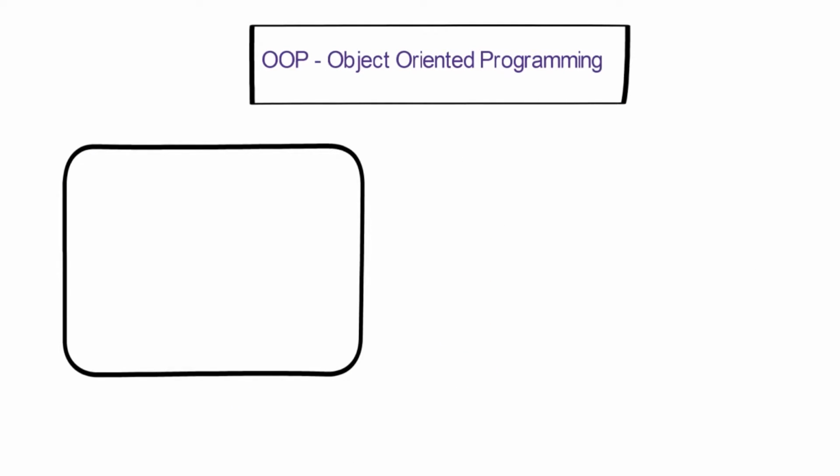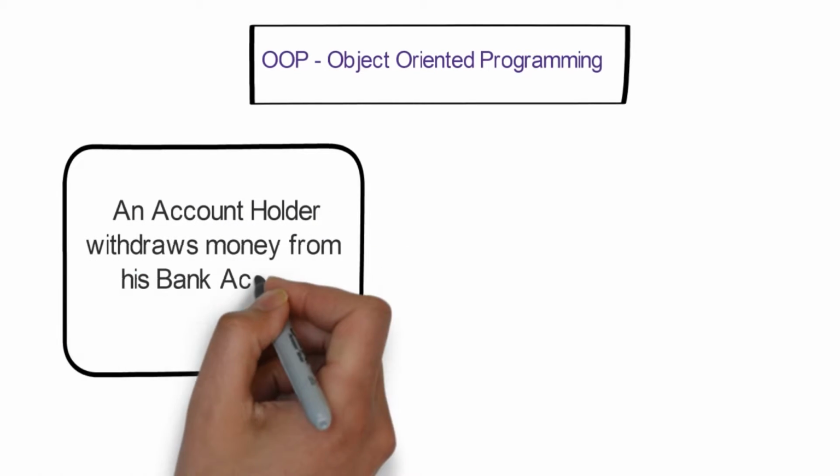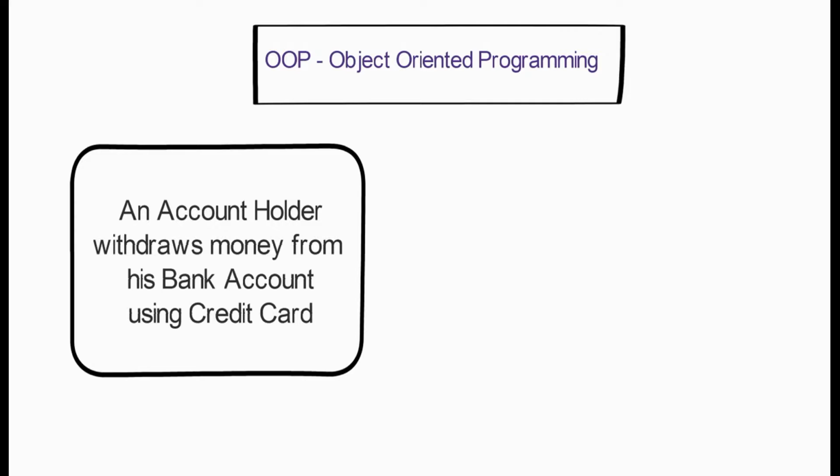Think about the previous example: an account holder withdraws money from his bank account using a credit card. In structured programming, we talk about actions. But in object-oriented programming, we are not working with actions. Instead, we are working with entities, or simply nouns.